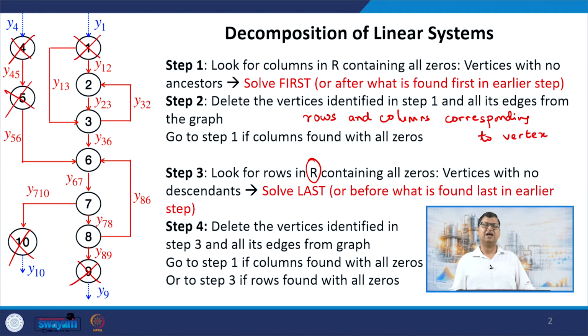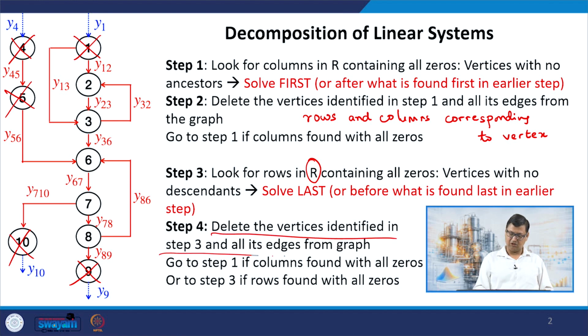In this case, it did not happen, but in general it may also happen that after deleting 9 and 10, there may be another vertex popping up that is now having no descendants. In that case, that will become second last before the 9 and 10 balances. And then again, whatever I did for step 2, I delete the vertices and all its edges.